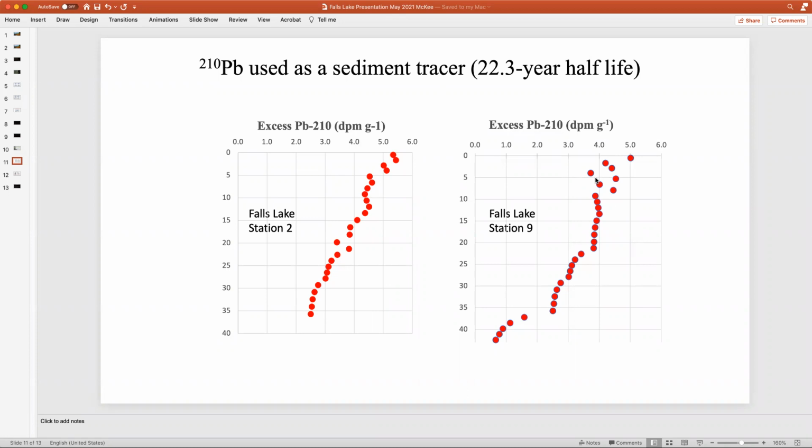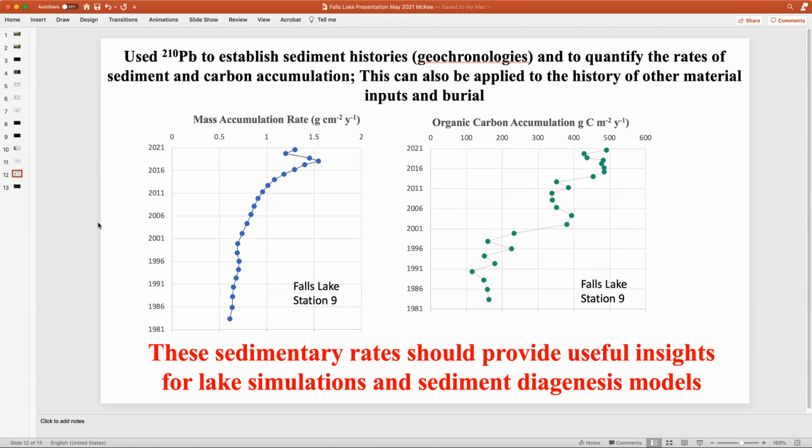Station 9 shows a little bit more dynamic profile, which turns out to be pretty interesting. So we can use these lead-210 geochronologies to put together a framework, a time framework over the last decades to look at all kinds of things. This shows the sediment accumulation rates and how they've increased over the past few decades.